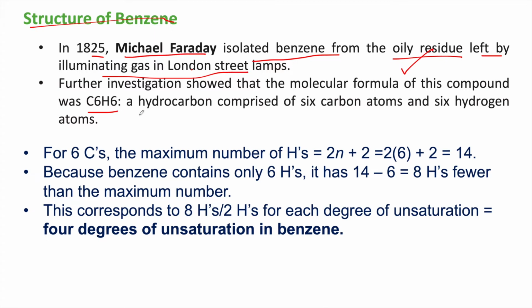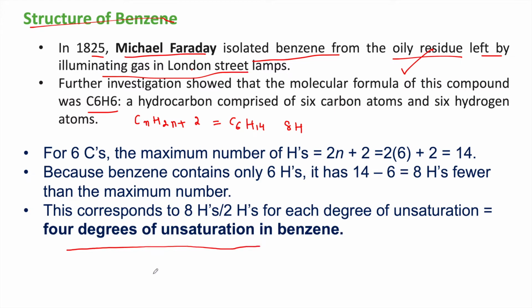If you know the formula of alkane, it is CnH2n+2. So if you put n as 6, the hydrogen count will be 14. So benzene contains 8 hydrogens less, and this could mean 4 degrees of unsaturation.